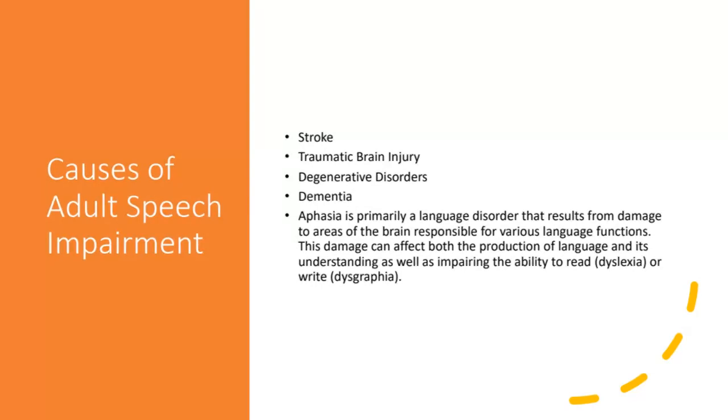So here are just some of the causes of adult speech impairment. We talked about a stroke, a TBI earlier. Some people may have degenerative disorders. So if their speech slowly disappears, then they may be able to learn some of these simplified signs before that speech goes, and that may make it a little bit easier.